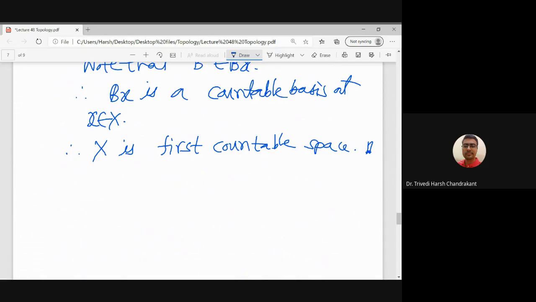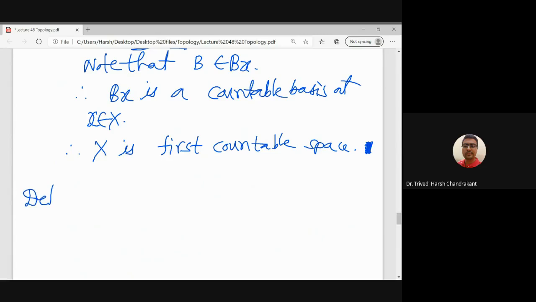So this small lemma proves that every topological space which is second countable is also first countable. These are the two types of spaces. There are other types of spaces, regular and normal spaces, that will come back again. But before that we need this definition.